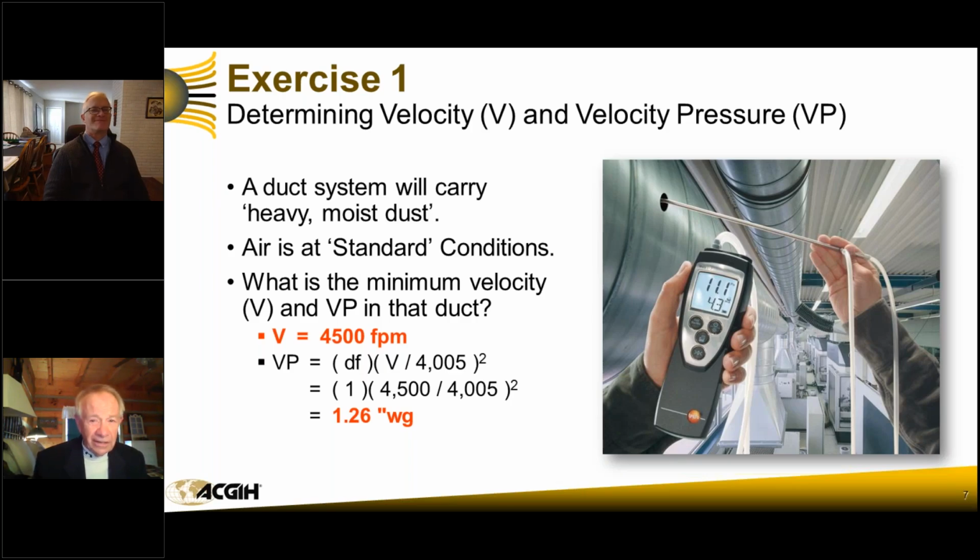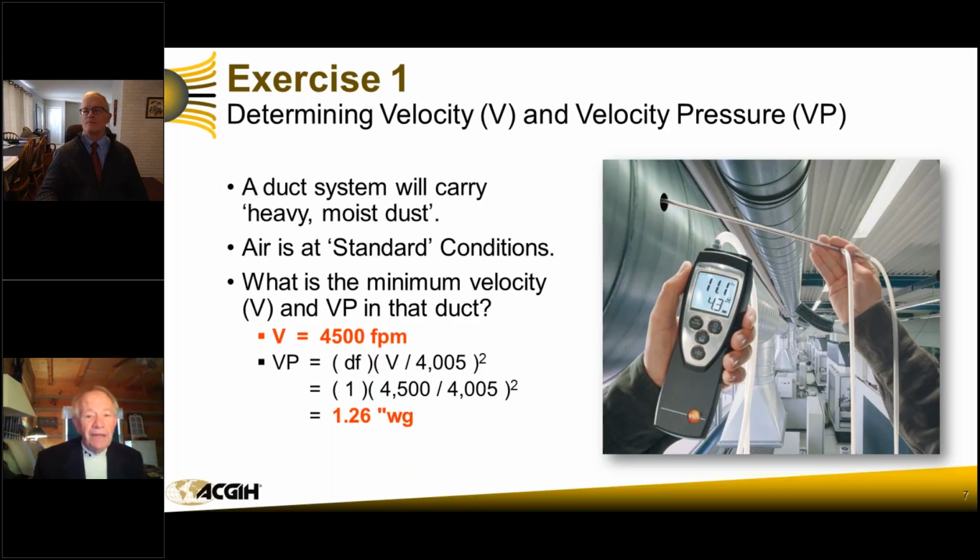It was disgusting and obviously a horrible confined space and probably not legal. We ended up finding out that the minimum duct velocity for this viscous liquid was about 5,500 feet a minute, and the redesign of the system was for 6,000 feet a minute, and it kept it clean forever after that. So thank you very much for that.